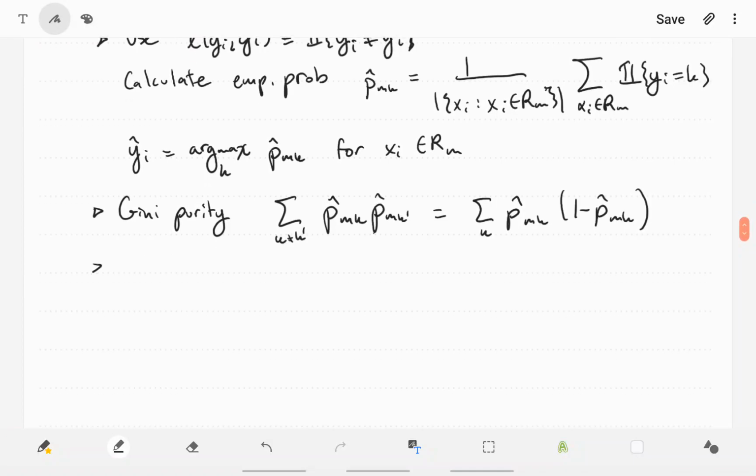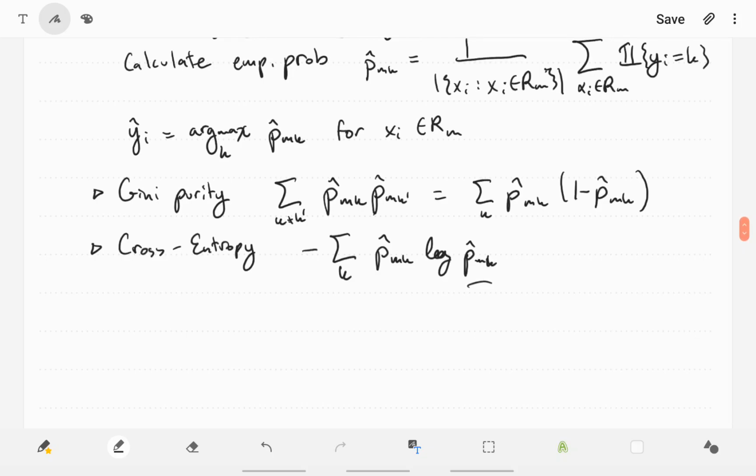Another is the cross entropy. Our cross entropy for a given region is the negative sum over k of p hat mk log p hat mk.